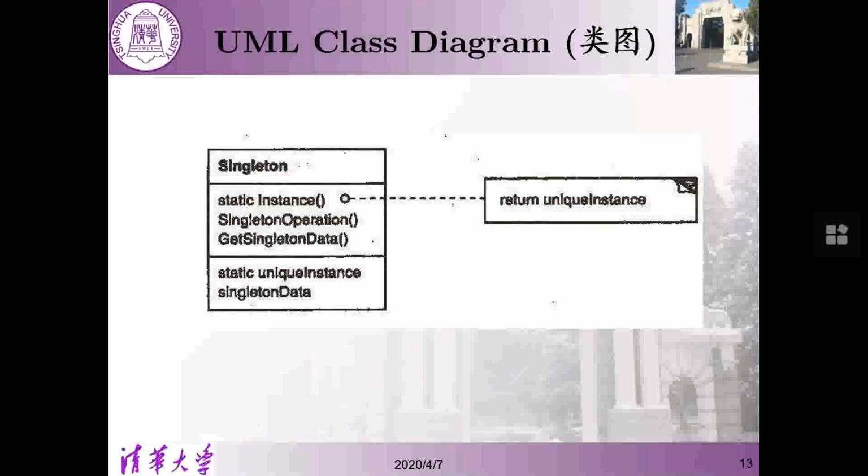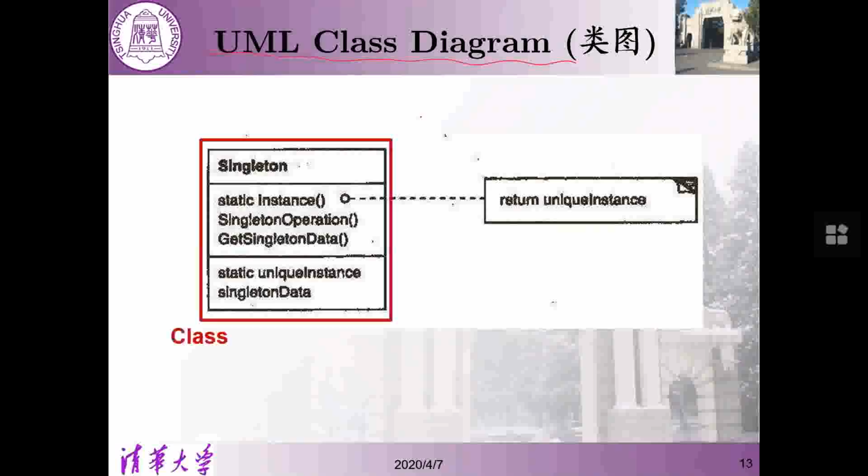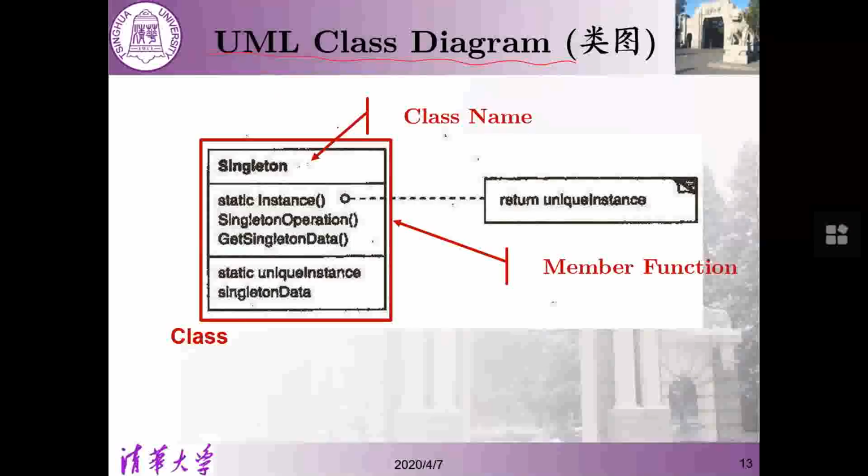Okay, then this is the singleton design, the class, and actually this is a class diagram. Yes, UML, called a UML class diagram. So this is how we denote a class, and this is the class name, and this is the member function and data. So this is how we typically represent a class graphically or visually.